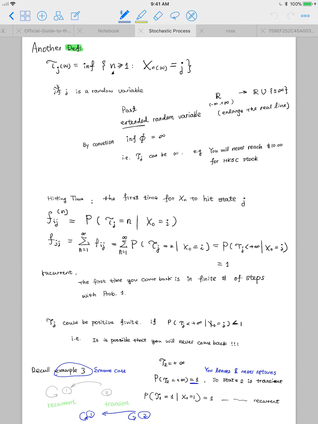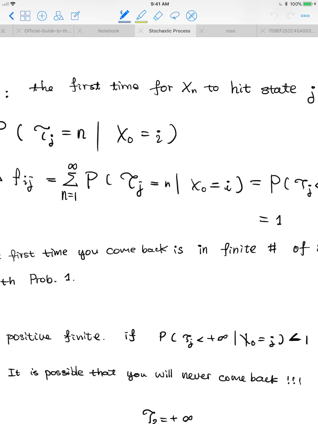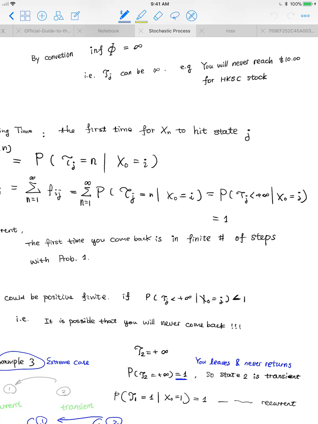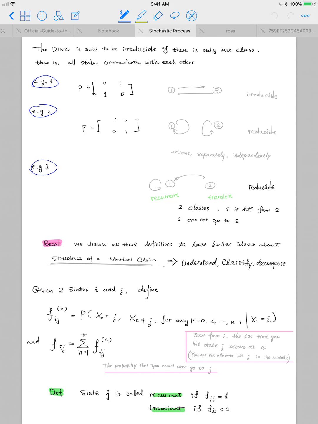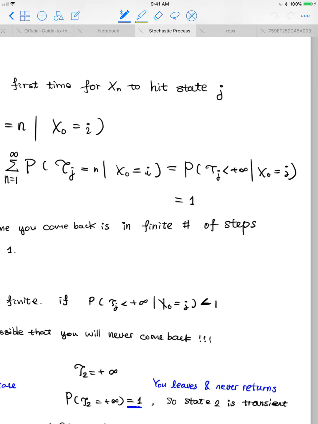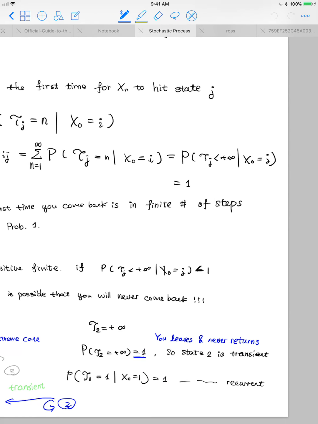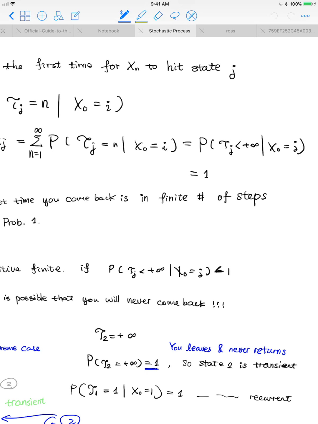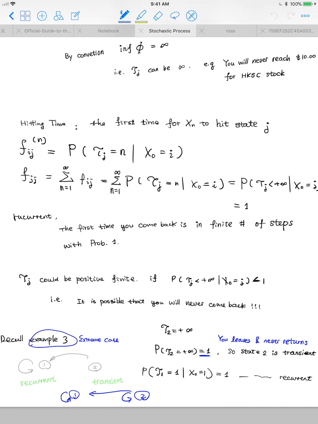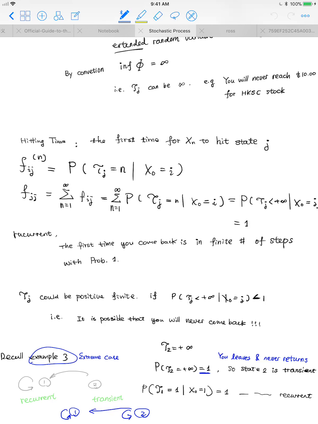If tau j equals 1, you come back in one step, and tau j equals 2 if you come back in two steps. And we sum them from 1 to infinity. That is exactly the idea it wants to convey, and that is equivalent to tau j being smaller than positive infinity.